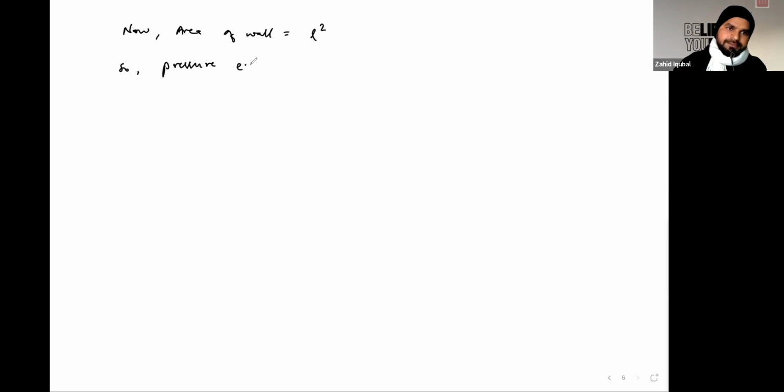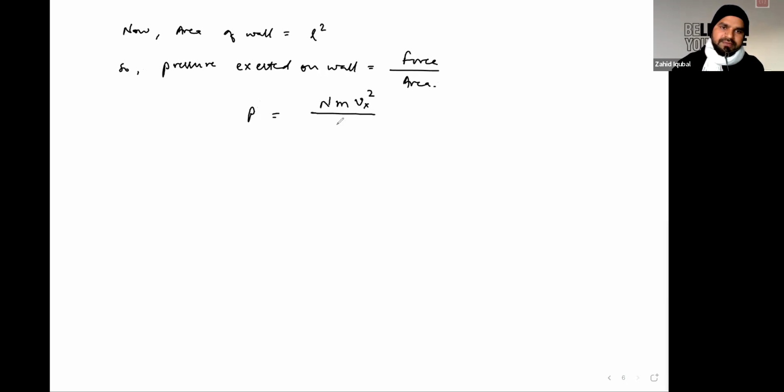Pressure exerted on wall is equal to force by area. So force, we have n particles, each of mass m, Vx square divided by L, and area of wall is L square.